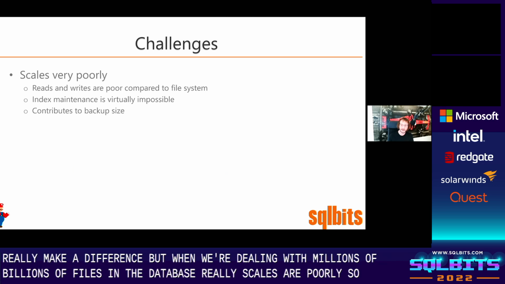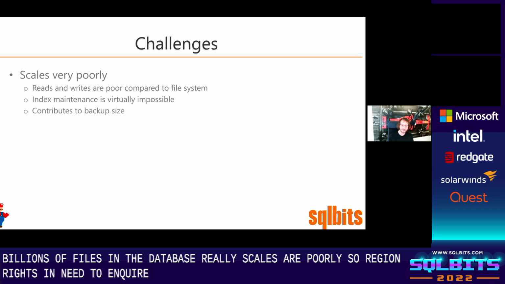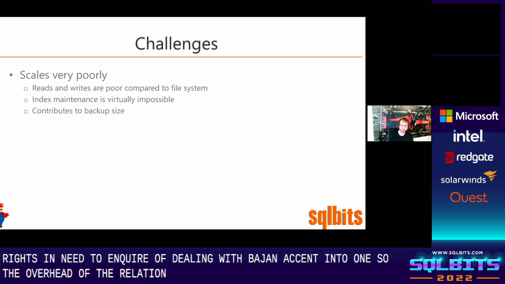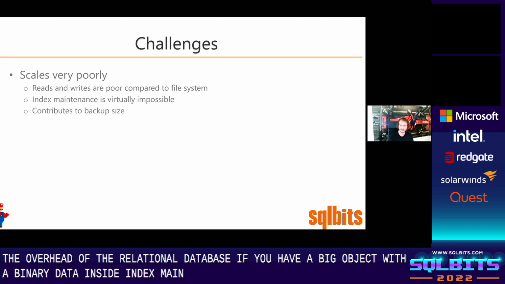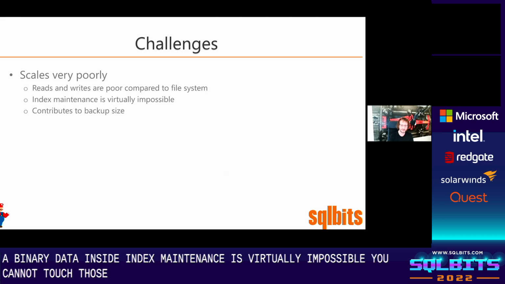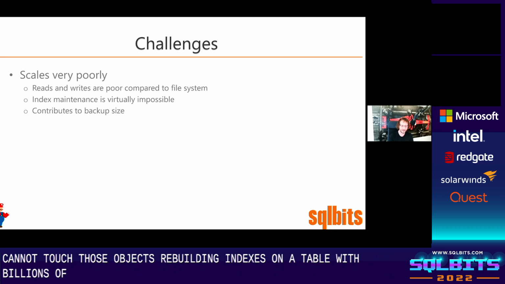Reads and writes incur the performance penalty of dealing with pages and extents and so on, so the overhead of the relational database. If you have a big object with binary data inside, index maintenance is virtually impossible. You cannot touch those objects. Rebuilding indexes on a table with billions of binary rows inside is virtually impossible.